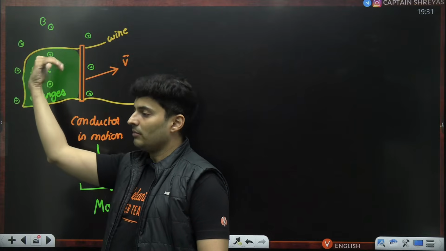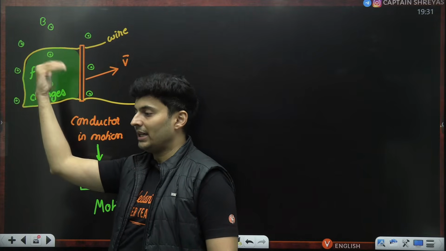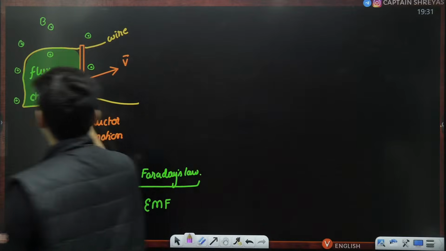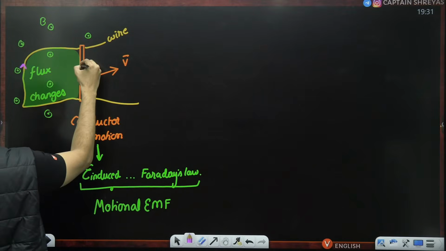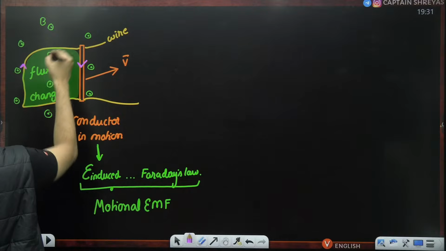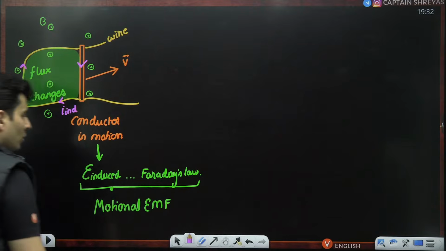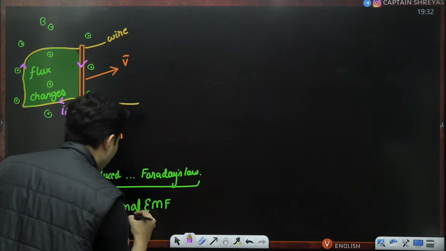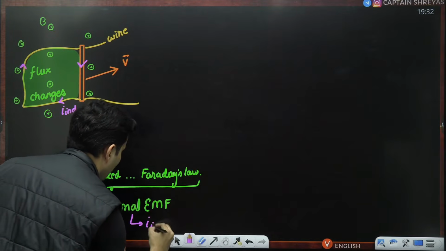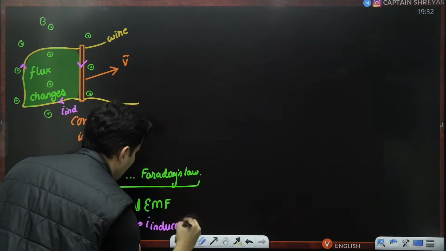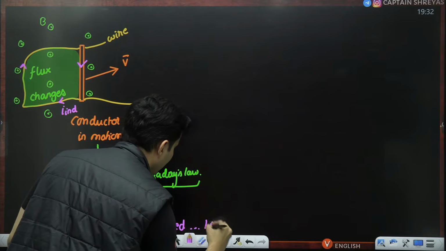See how my thumb is pointing inside and the fingers of my right hand are going clockwise. So you will naturally notice the current going in this particular direction. This is the direction of the induced current. So motional EMF thereby creates induced current, and the direction can be given by Lenz's law.